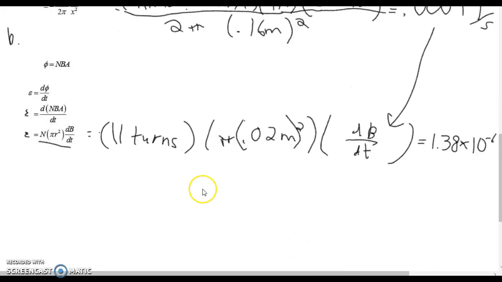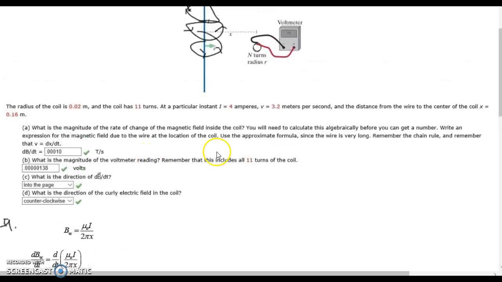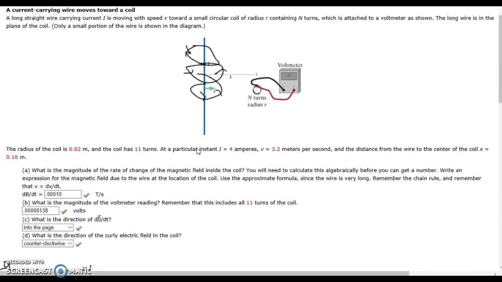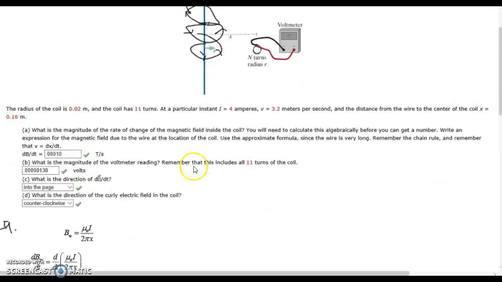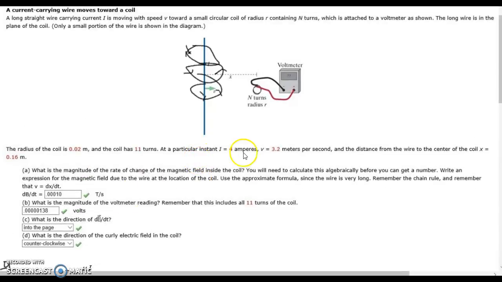Right. Now, for part C, which is the direction of dB dt, it is into the page because, as you can see, the magnetic field here is into the page, and the direction of the curly electric field in the coil, this is the negative dB dt.